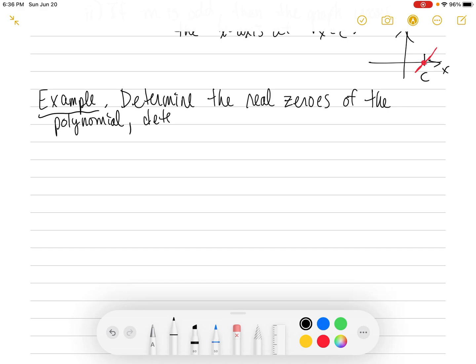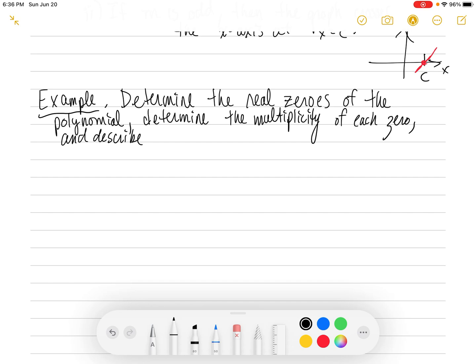After you do that, determine the multiplicity of each 0 and describe the graph's behavior at each 0.